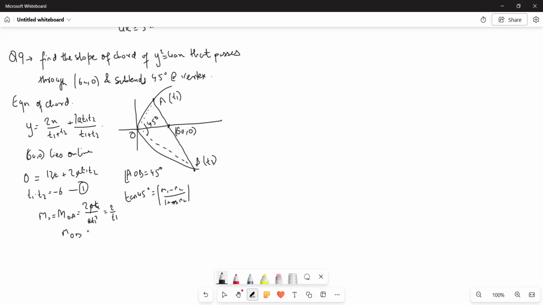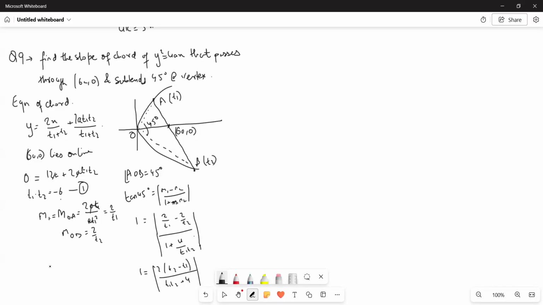So similarly slope of OB कितना आ जाएगा? 2 by t2. So then accordingly if we plug in over here, tan 45 which is 1 must be equal to mod of 2 by t1 minus 2 by t2 by 1 plus 4 by t1 t2. तो अब इसको सिंप्लीफाई कर लो. तो इफ यू टेक दी एलसीएम ये हो जाएगा twice of t2 minus t1 divided by t1 t2 plus 4. बट t1 t2 का वैल्यू कितना है? -6. तो -6 plus 4 हो जाएगा -2. 2 कैंसिल हो गया.